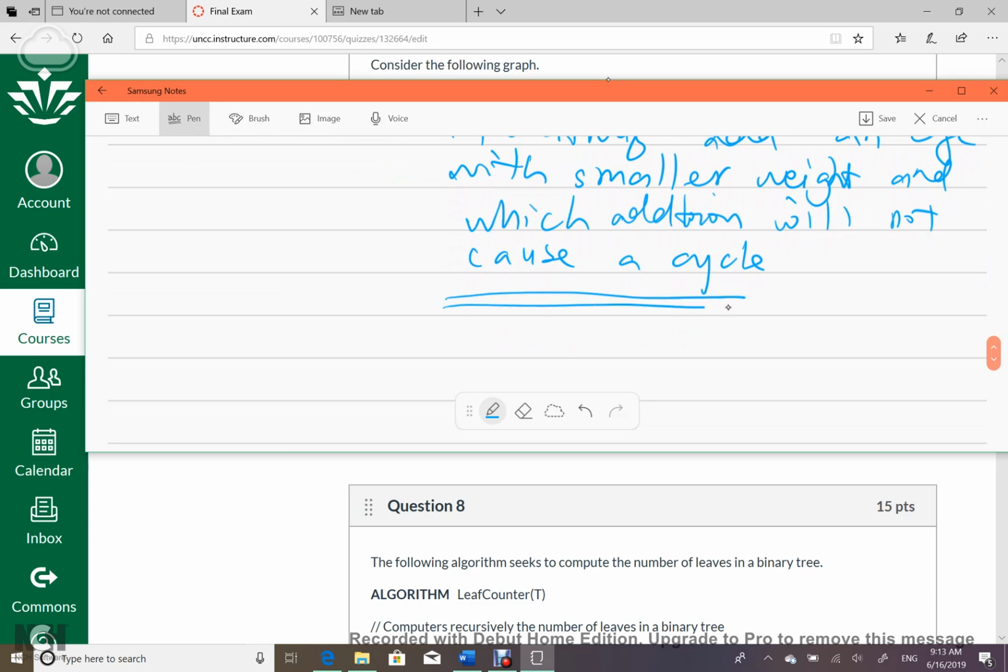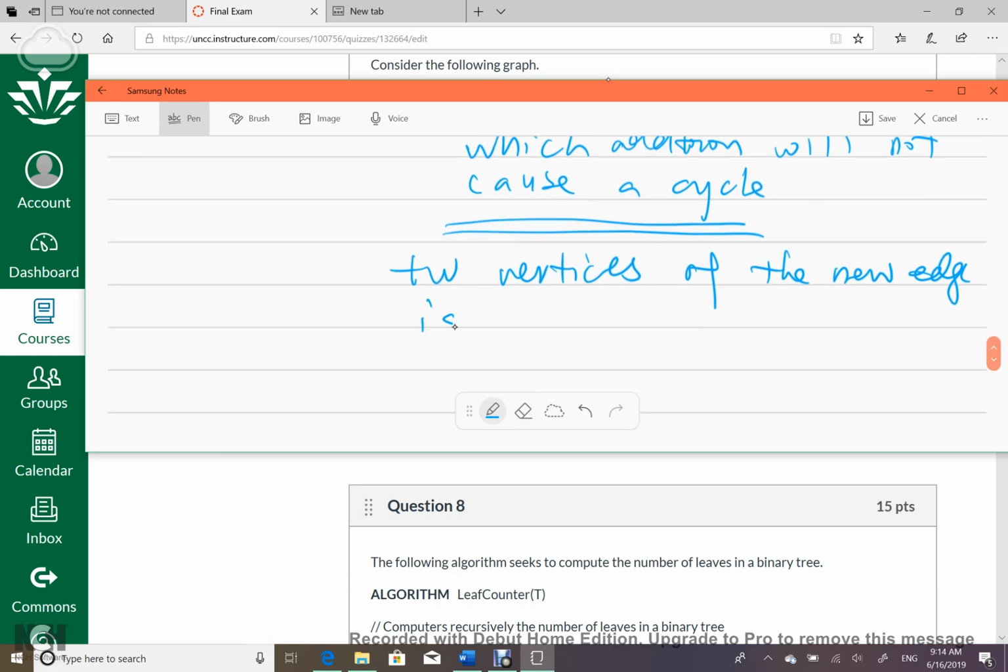Not cause a cycle here. You just need to check whether the two vertices of the new edge are already explored or not, right?